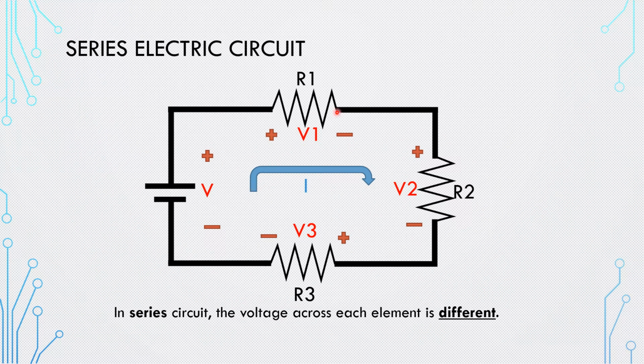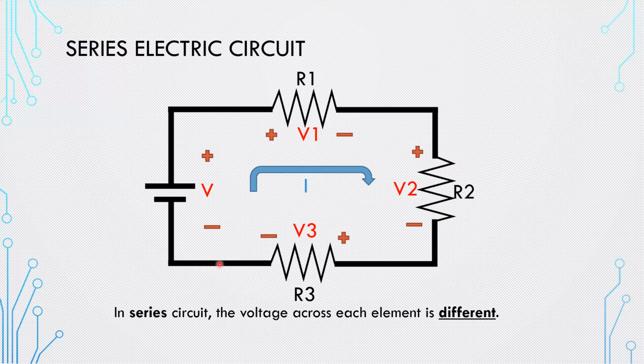Okay, what about if you have a series circuit or pure series circuit? What do we mean by series circuit? Again, each two resistors are meeting in one node or one junction, and no other element is sharing this junction. If this happens, then I can consider this connection as series.